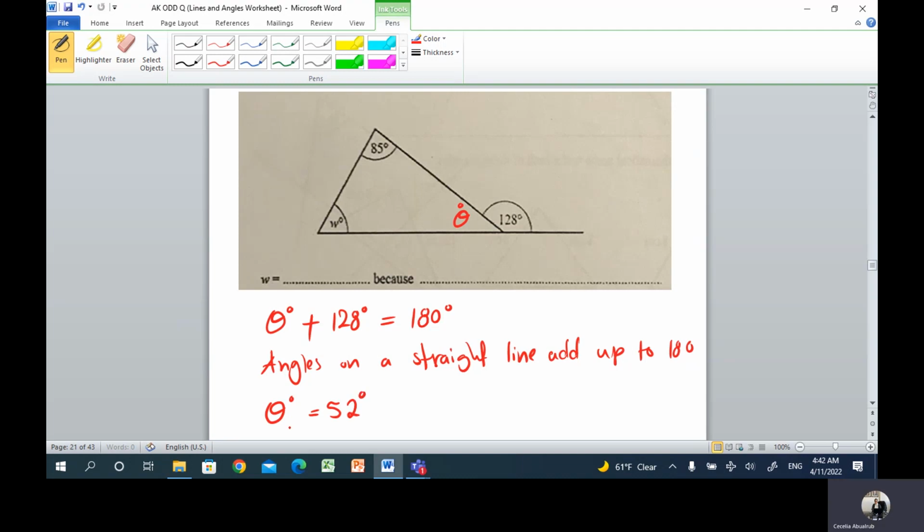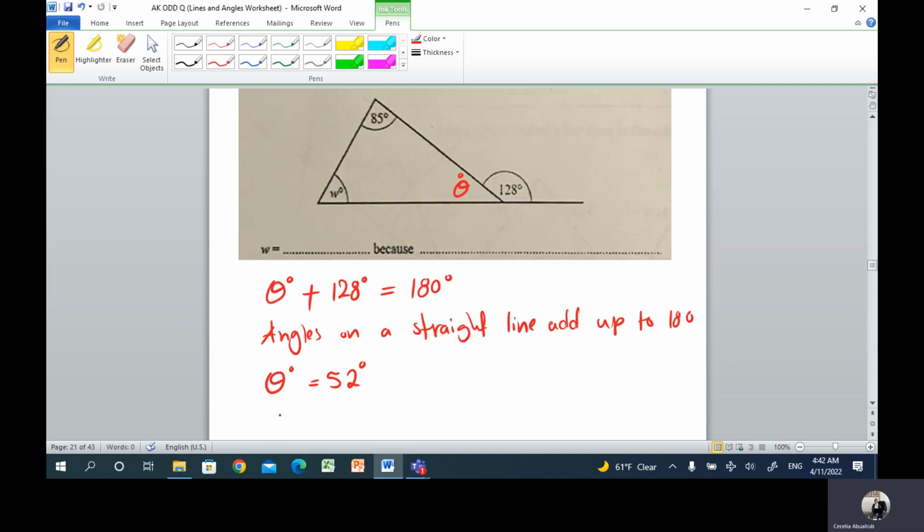52 degrees. So now that we know theta, we know that theta and 85 and W are angles in a triangle. So we're going to start with the unknown W plus 85 plus theta is equal to 180 degrees.